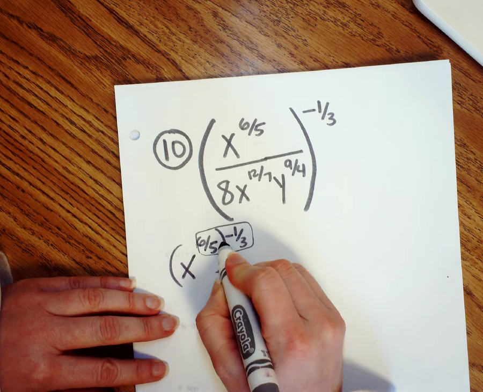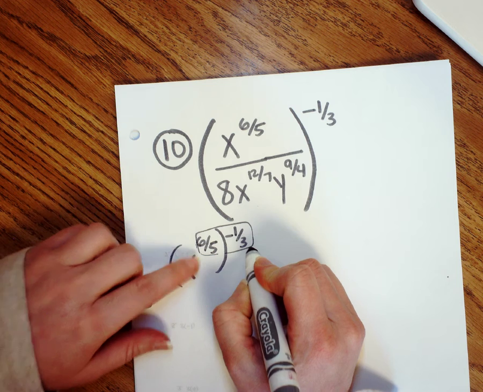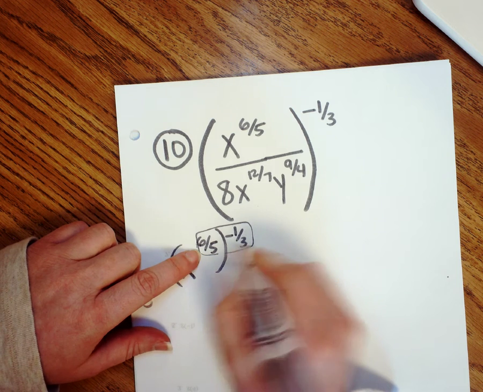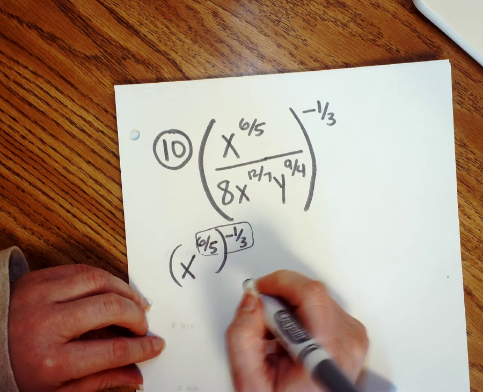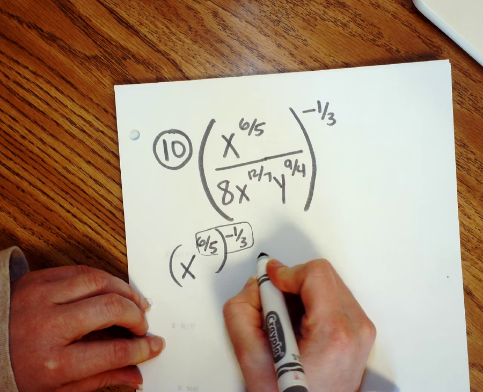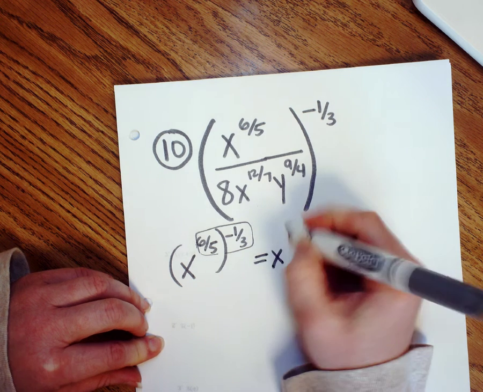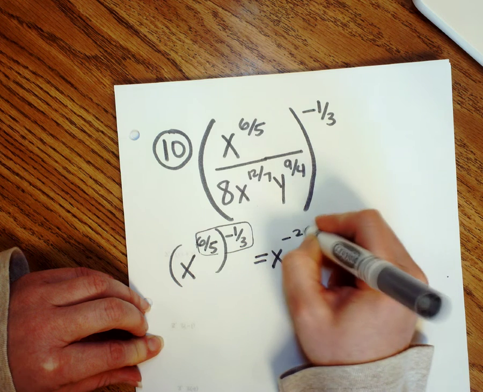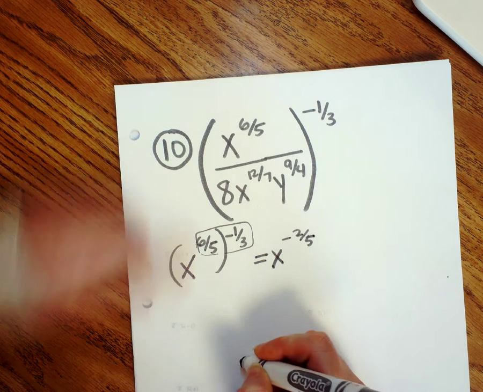Again, you can use your calculator, or if you want to do the simplification, you can. But 6/5 times -1/3 equals x to the -2/5. And again, that's going to be on top.